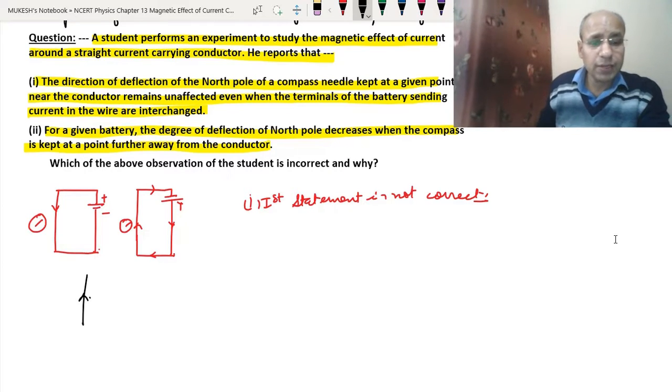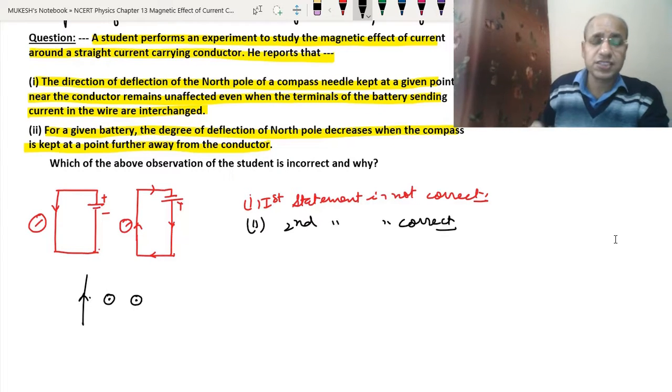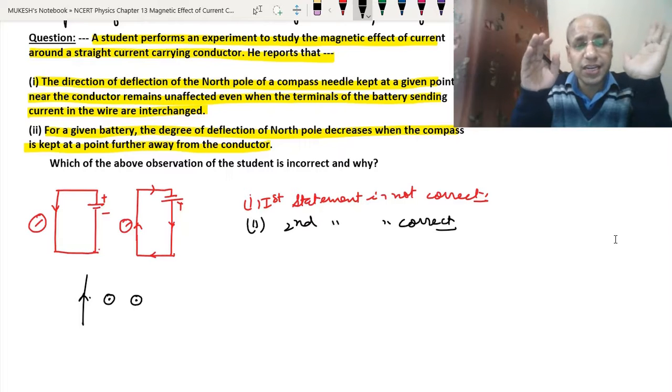If we keep the compass needle here, the deflection is more, and here the deflection is decreasing. As we go away from the wire, the compass needle deflection decreases. So this is true, and the second statement is correct. So the first statement is not correct and the second statement is correct.